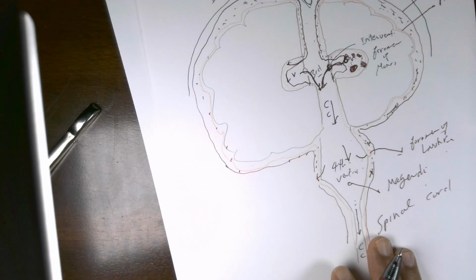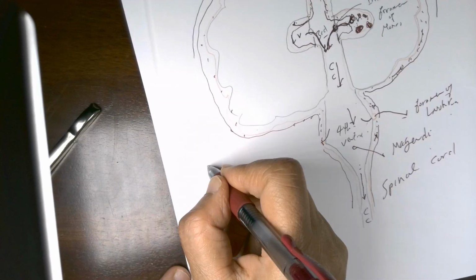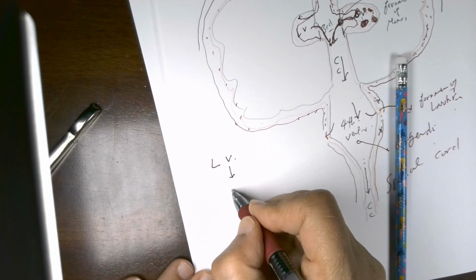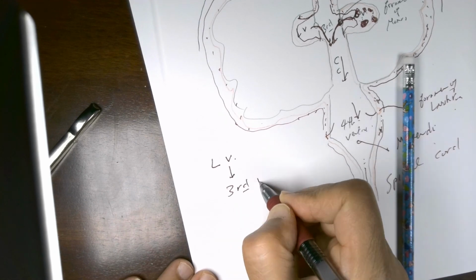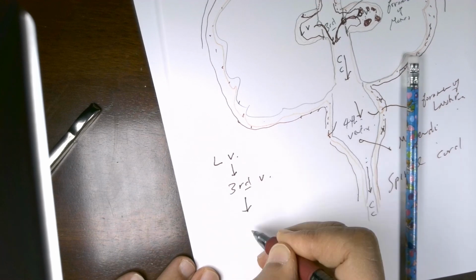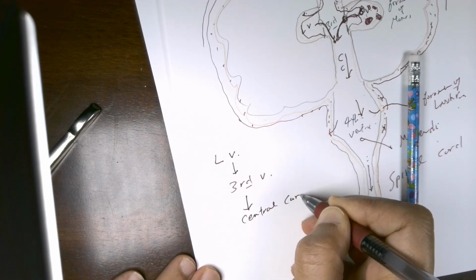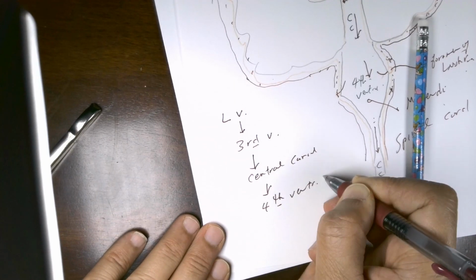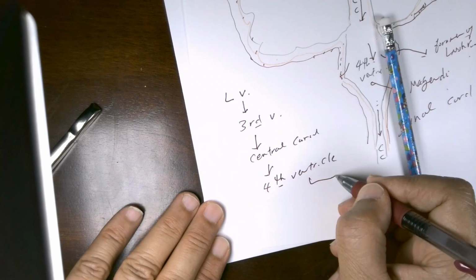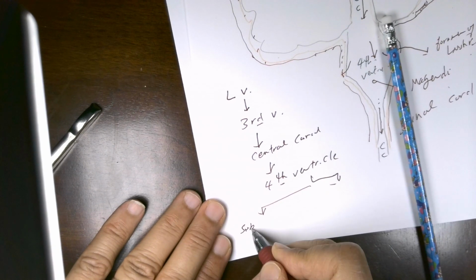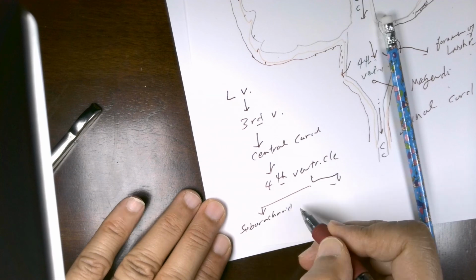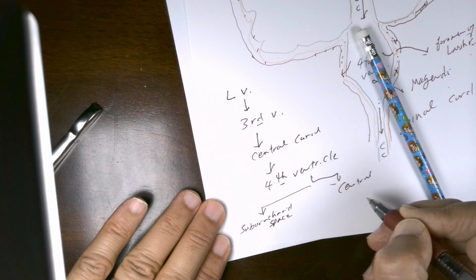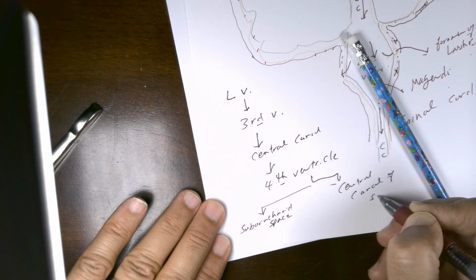So if you want to summarize it, from the lateral ventricle, then you have the third ventricle, then the central canal, then the fourth ventricle, and from the fourth ventricle you have the subarachnoid space, or the central canal of the spinal cord.